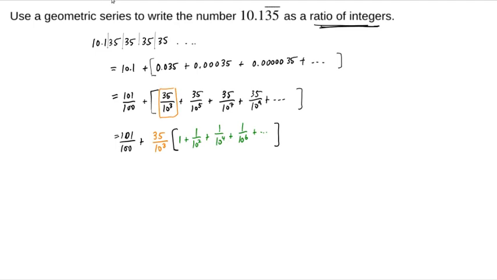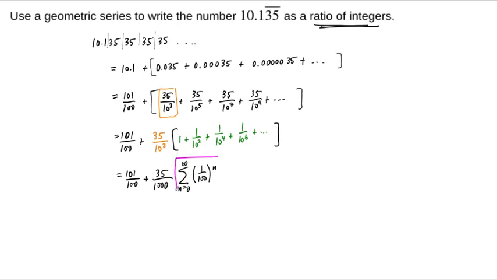And so we can now write this entire thing in sigma notation. Our number, 10.135 repeating, is 101 over 100 plus 35 over 1,000 times, now we have our sigma notation, the sum from n equals 0 to infinity of 1 times 1 over 100 to the power n.